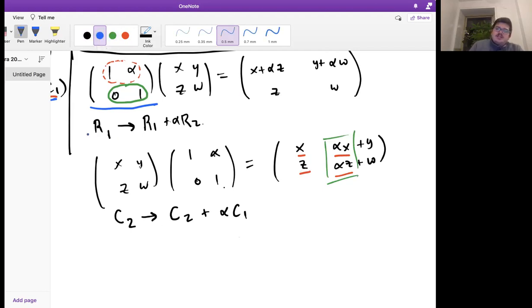So for type 3s, it's a little bit different, right? When you multiply on the left, this looks like you're changing row 1. When we multiply on the right, this looks like it's changing column 2. So the indices of the rows and columns won't stay the same, but it's still going to be this type 3 operation.